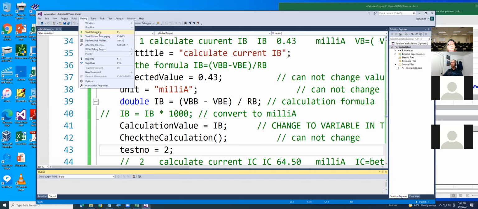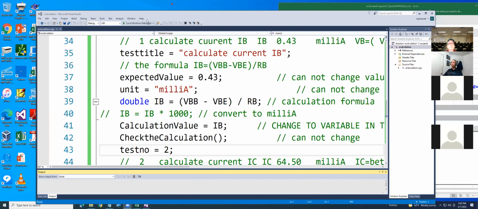If you want to run with debugging, you have to set a breakpoint, so when the program hits the breakpoint, it will stop there. Once you get really good at that, I can show you how to run with debugging.